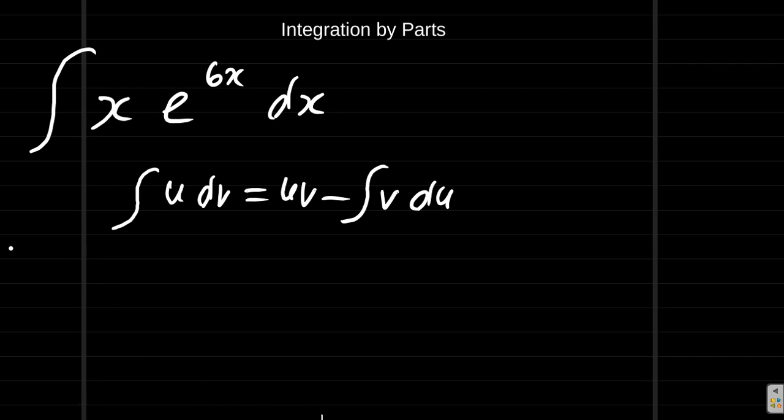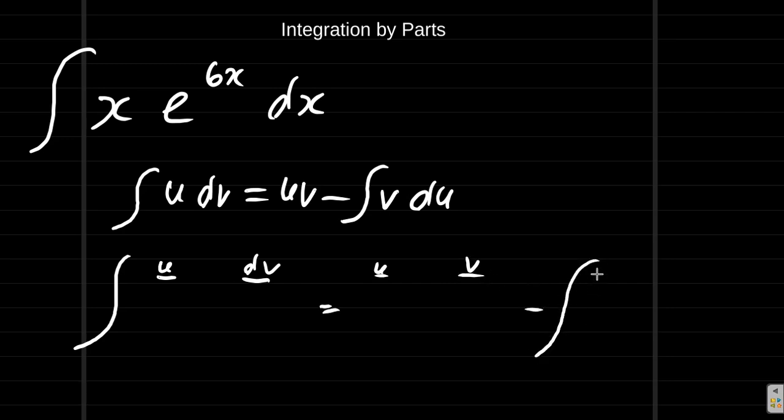So what we have, let's put it together like this. The integral of u dv, we'll write the relevant functions under these, equals uv minus the integral of v du. Alright?